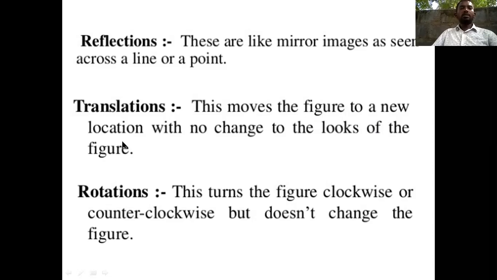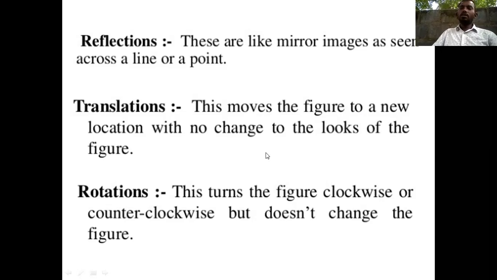Translation means moving, and in this moving there are no changes to the looks of the figure. New location means direction. For example, we have the coordinates x, y, z. The object is in the x direction, and we can move it to the y direction also. That is the new location. That is the basic definition.